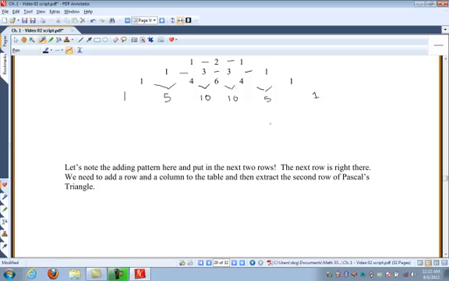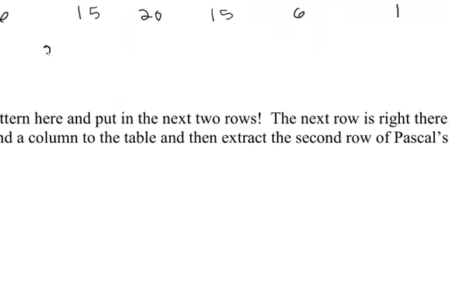So he's done a different format, but it's the same information. Let's note the adding pattern and put in 2 more rows. Here's a 1, a 6, a 15, a 20, a 15, a 6, and a 1, and a 1, and a 7, and a 21, and a 35, and a 35, and a 21, and a 7, and a 1.